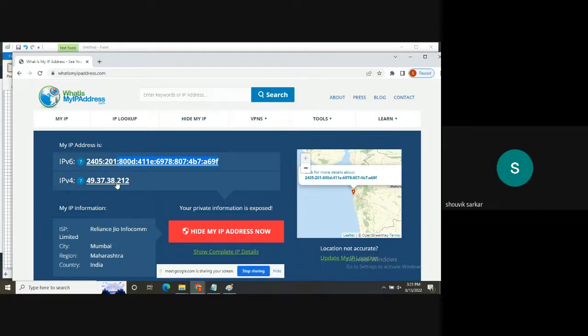Classful and classless: whenever we share information throughout the network, suppose you are sending a mail to your friend. Someone residing in Kolkata wants to send a mail to his friend who resides in Mumbai.